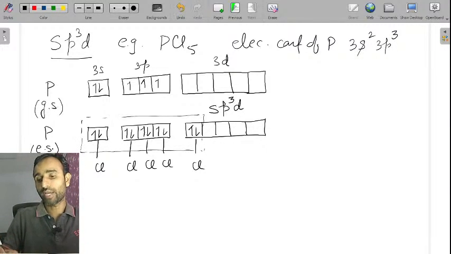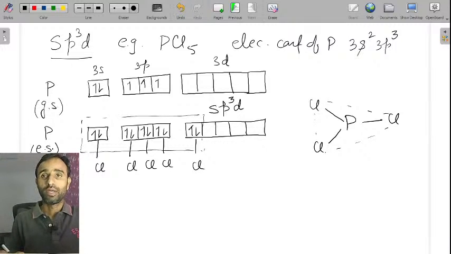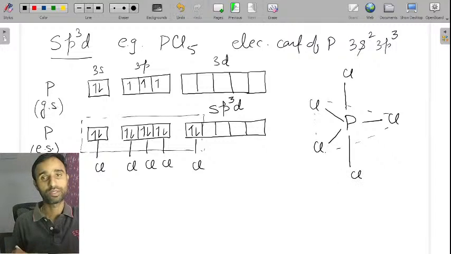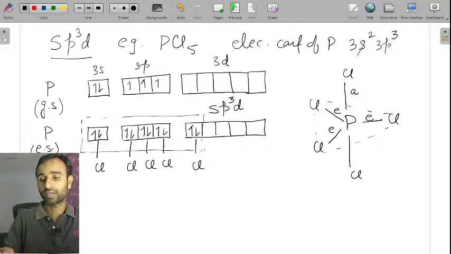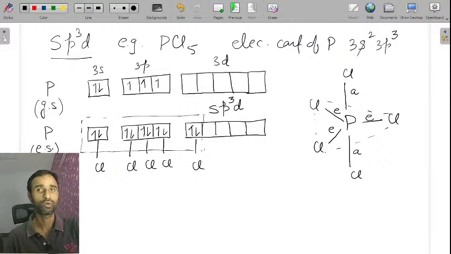Out of these 5 bonds, 3 are arranged in a trigonal planar shape, and the remaining 2, one is above the plane, other is below the plane. These 3 are equatorial bonds and the remaining 2 are axial bonds.